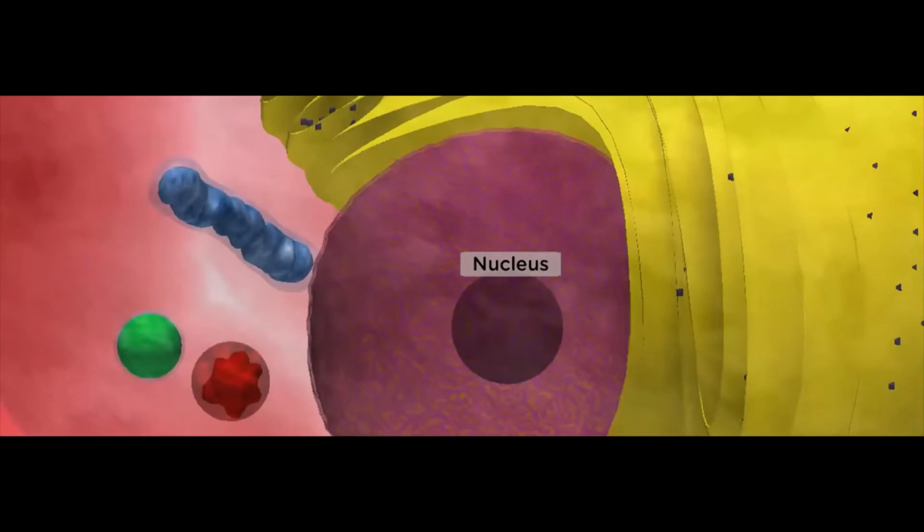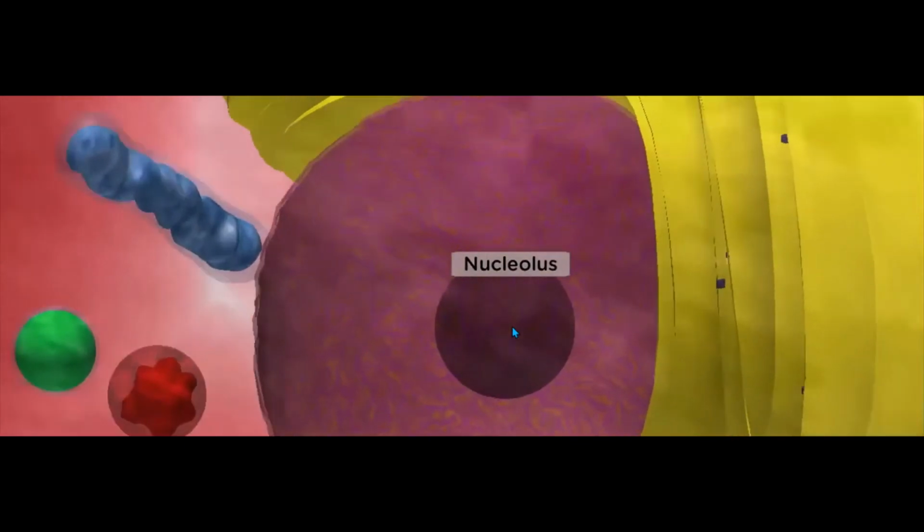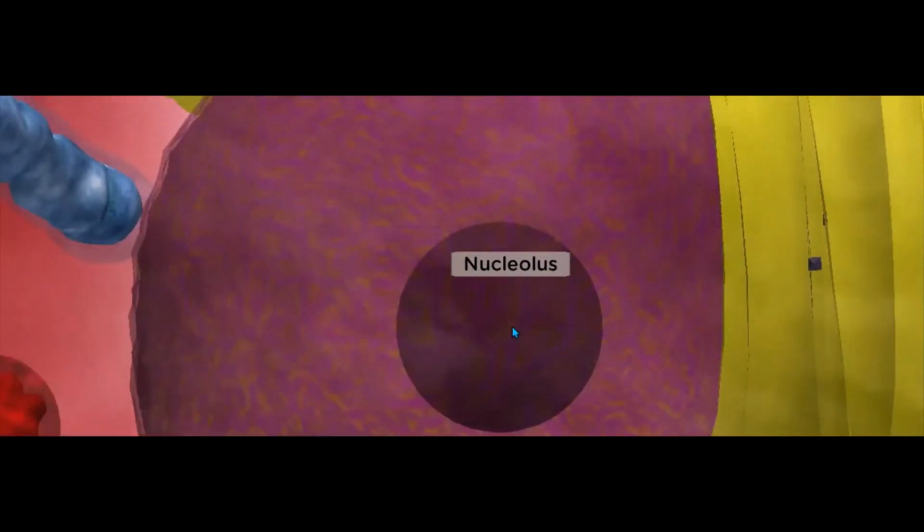Then comes the nucleolus. The nucleolus is a part of the nucleus that makes the parts needed to build a ribosome, or we can say the nucleolus is a dense bundle of RNA and DNA within the nucleus that is responsible for building various proteins and RNA components of ribosomes.